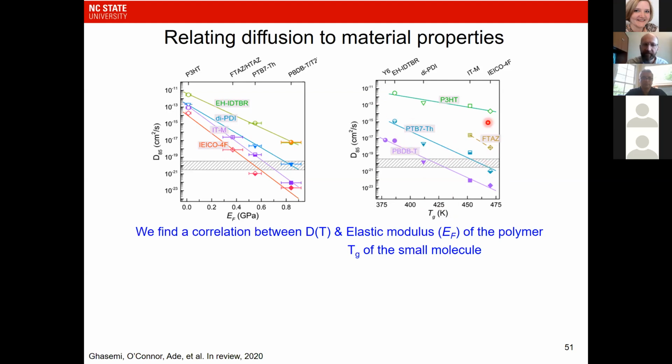So now we can really start to define thermomechanical properties. You want high stiffness, high glass transition temperature materials to really reduce this diffusion coefficient, to have really morphologically stable devices, to really make them last for an extended period of time.